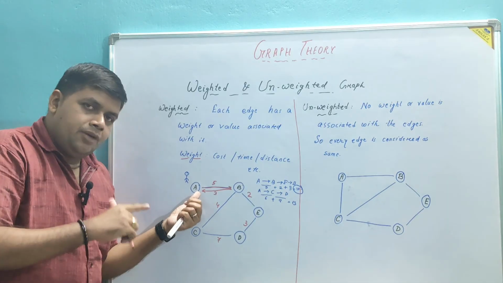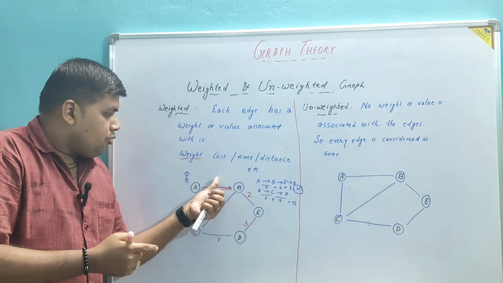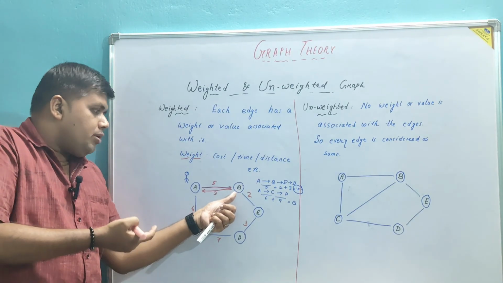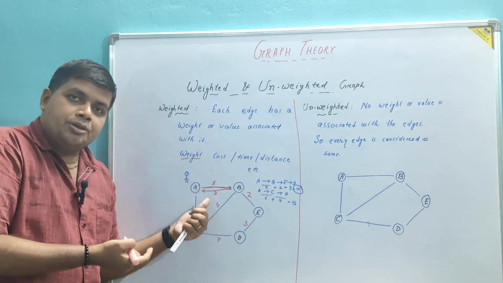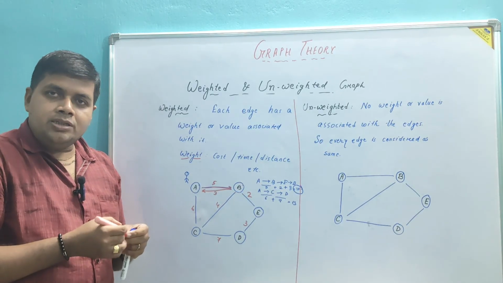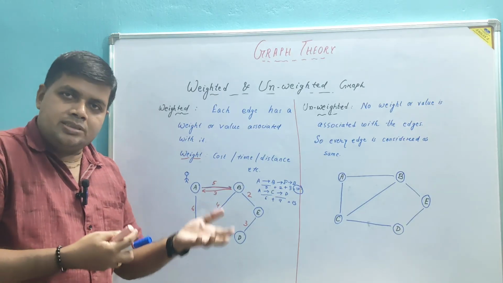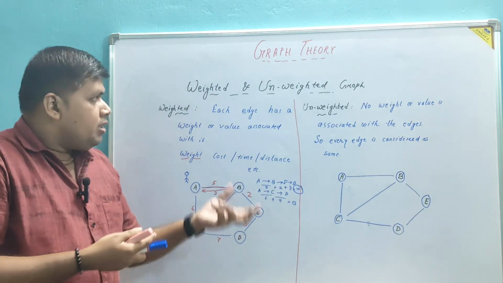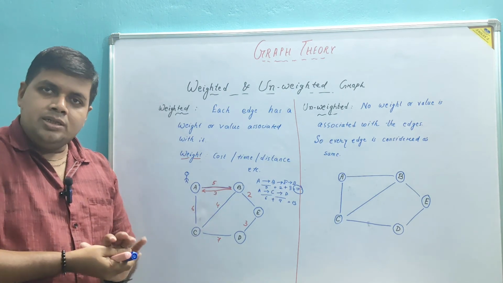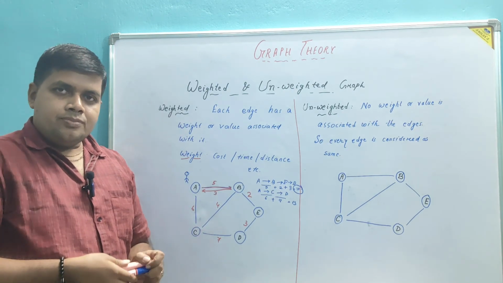It means that if a person wants to go from A to B, the weight is 5. However, if the person comes from B to A, the weight is 3. That means the going one and the coming one have different weights, meaning different costs, different distance, different time. So a weighted or unweighted graph can also be connected with a directed or undirected graph.